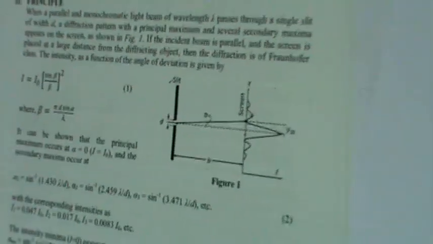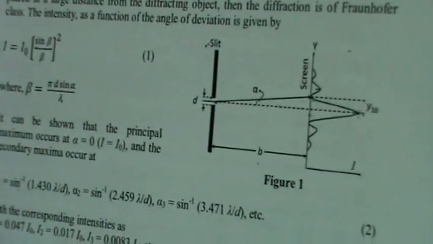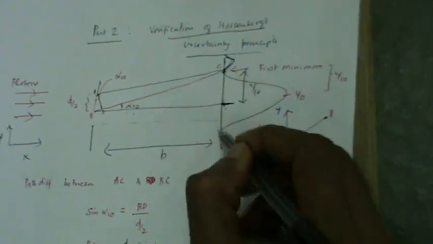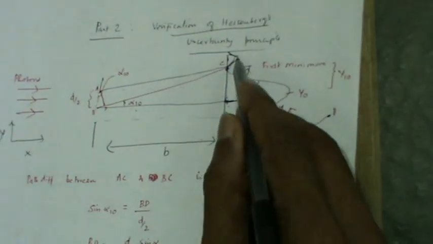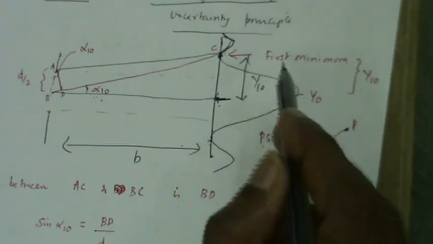So essentially in part 2 of this experiment, verification of the Heisenberg uncertainty principle, we have to confine ourselves only to the first minimum on both sides. We don't need to find the distance between secondary maxima and the central maximum. No need.